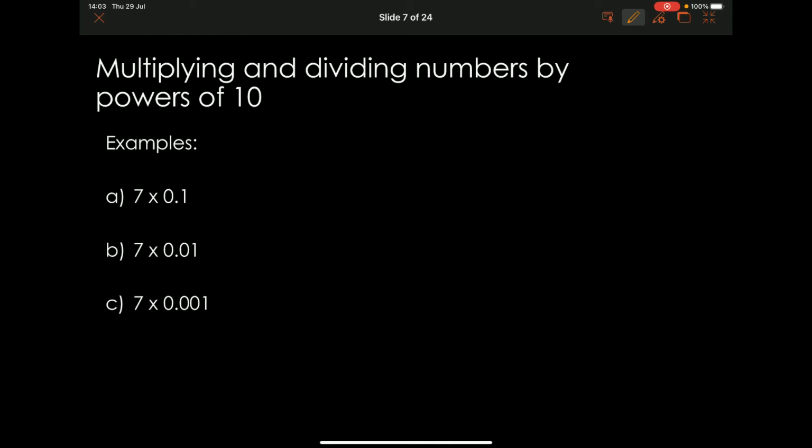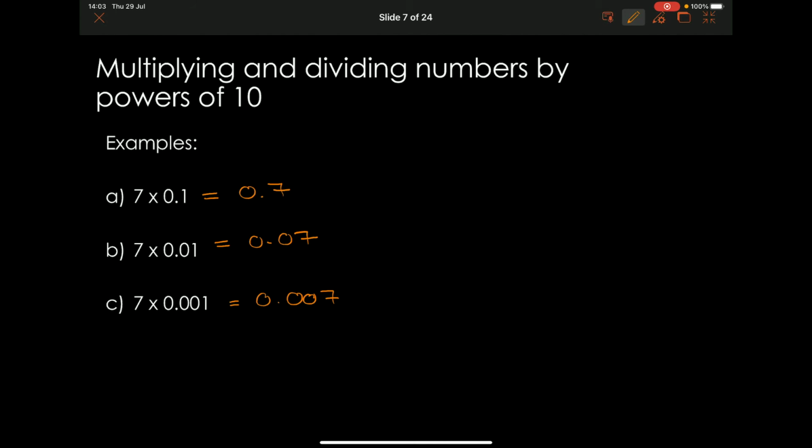Here is 7 times 0.1, and these are really easy because it's like saying 7 times 1 is 7. Well, 7 times 0.1 is 0.7. 7 times 0.01 is 0.07. And 7 times 0.001 is 0.007.